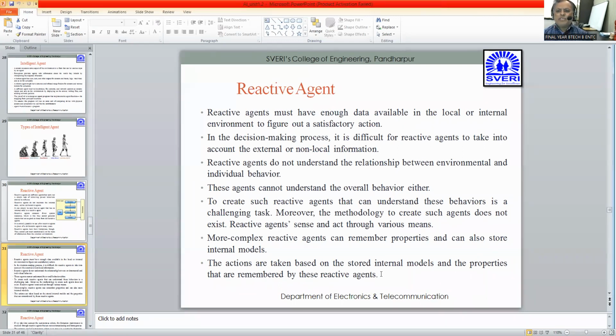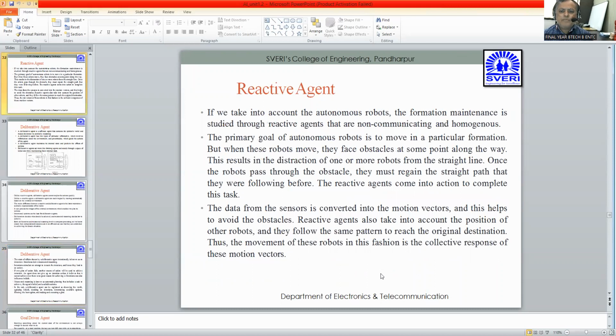Reactive agents do not actually understand the relationship between the environment and individual behavior. Overall, they cannot understand the overall behavior of the agents. If you want to go with more complex reactive agents, they can remember properties and also store internal models, so based on the remembered properties and stored internal models, the action can be taken.